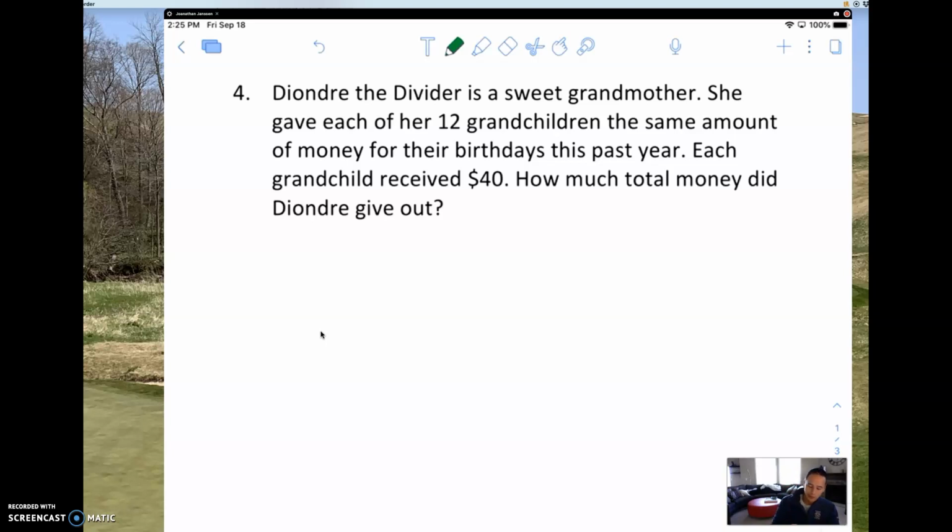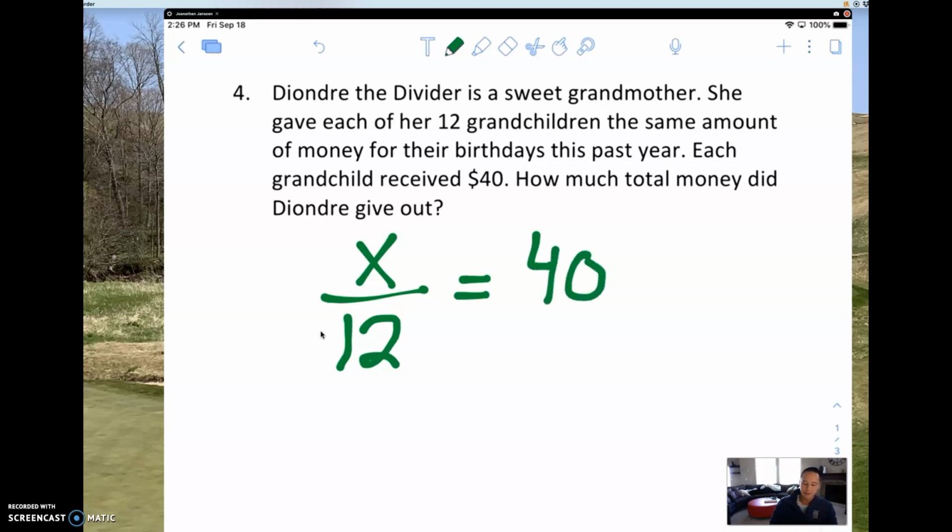So, Deandra had a certain amount of money, but it was split up evenly. So another word for that is it was divided by 12 grandchildren. So whatever money she had, she split it up over 12 grandchildren, and each one ended up getting $40.